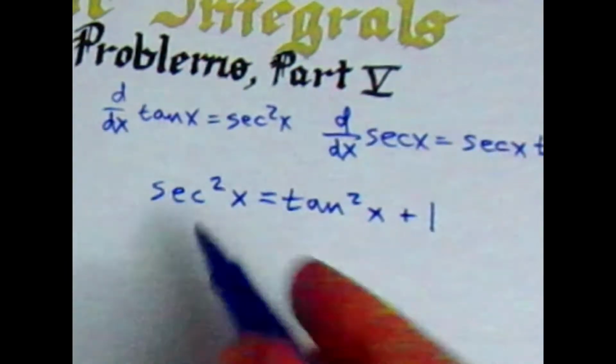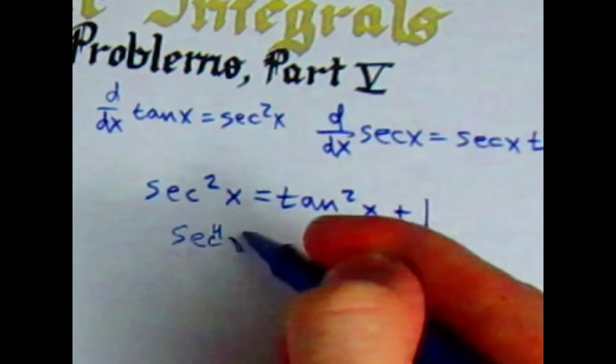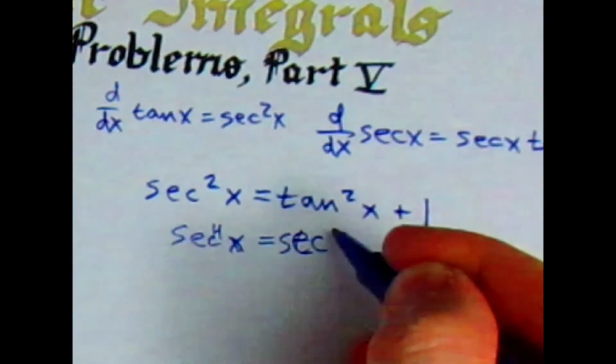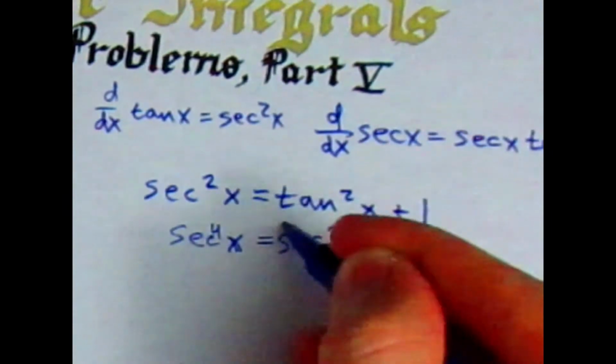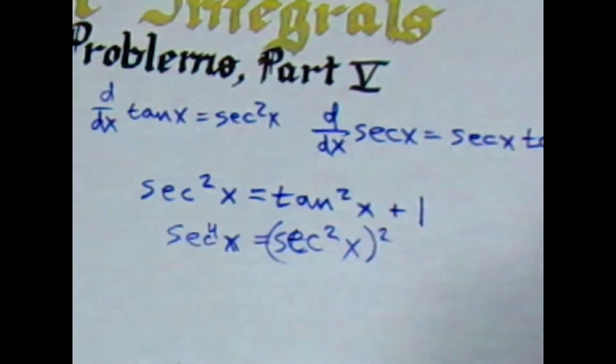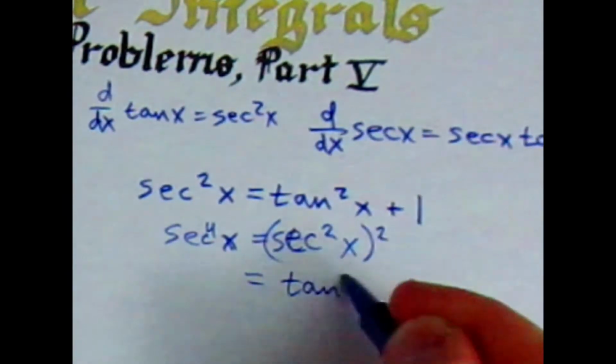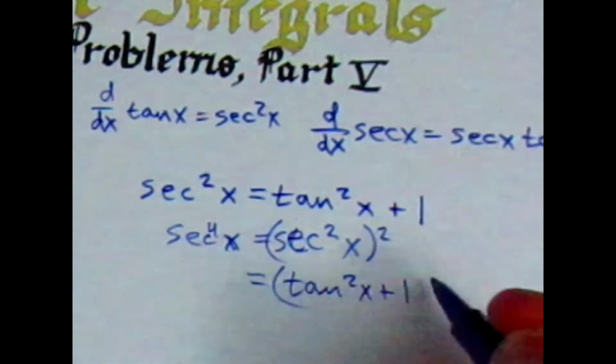Well, secant to the 4th x equals secant squared x squared. So therefore this equals tangent squared x plus 1 squared.